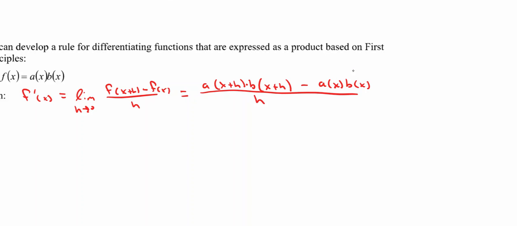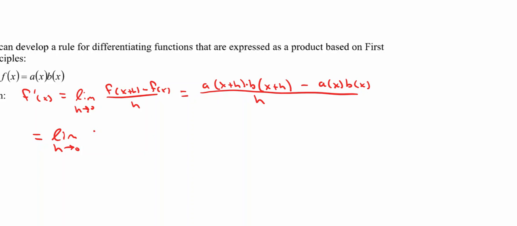All right, so now we're going to try to manipulate this guy. We're going to play around with this one. So this is what I'm going to do. We're going to say this is equal to the limit as h approaches 0 of, and I'm going to write this again, but I'm actually going to introduce a term. And I'll explain why I'm doing it in a second.